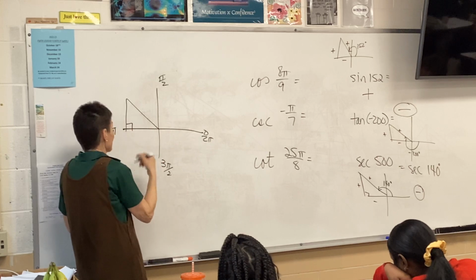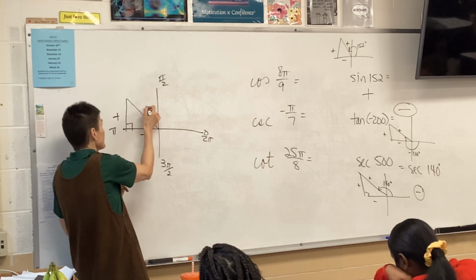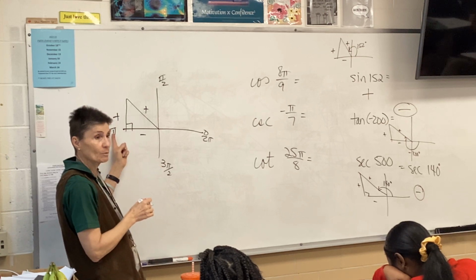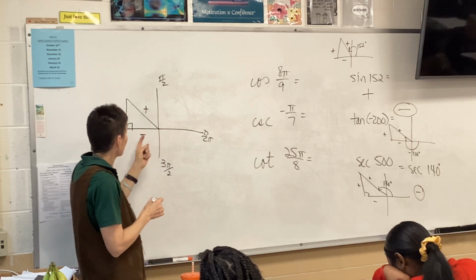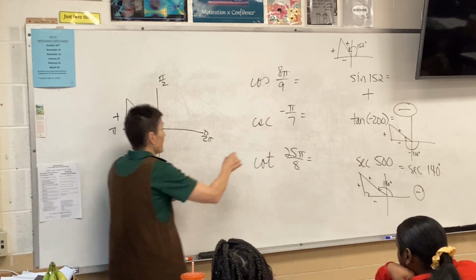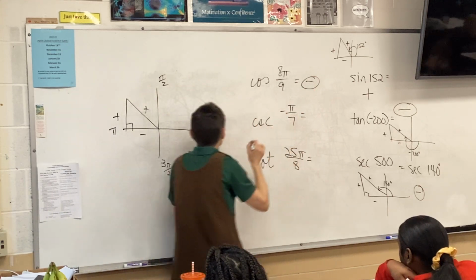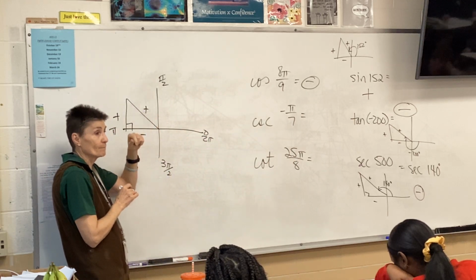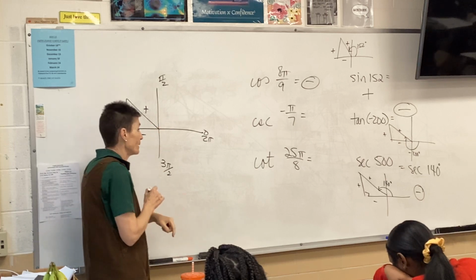I don't know why this is happening, but anyway, this one's in quadrant 2 because 8/9 is a little bit less than 1. So cosine will be negative because it's adjacent over hypotenuse. Okay, finally, I have one not in quadrant 1.